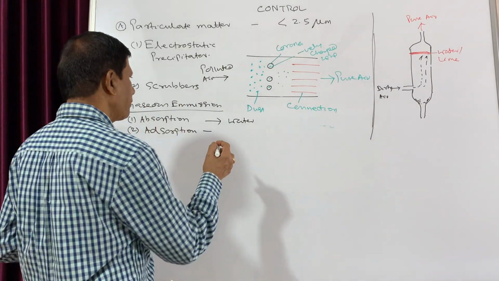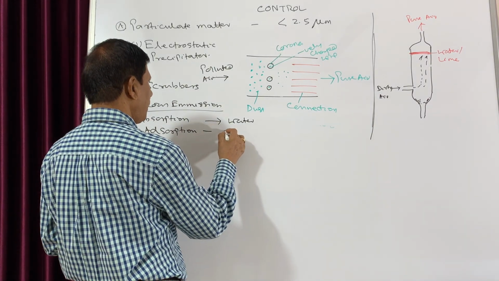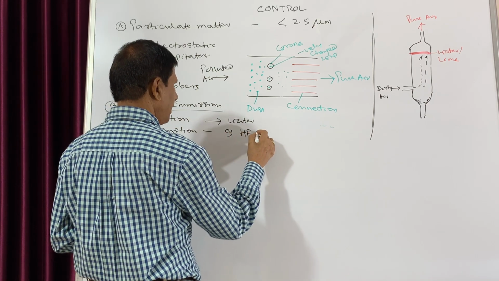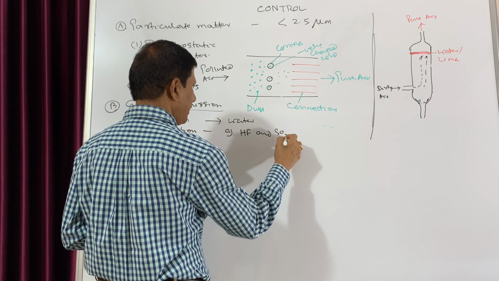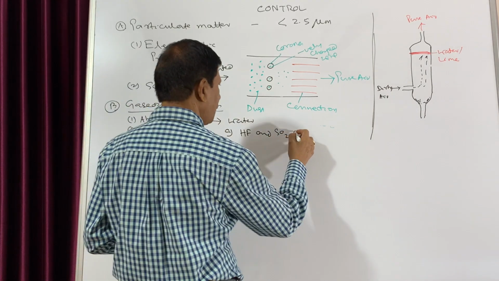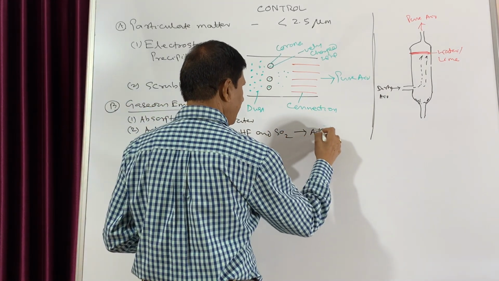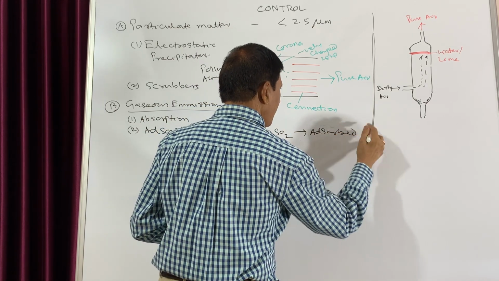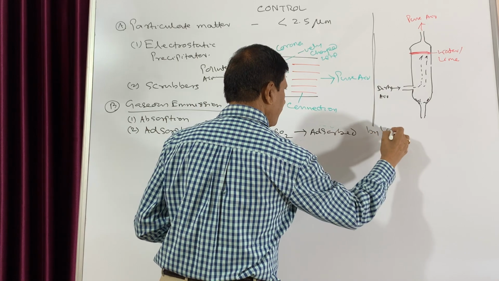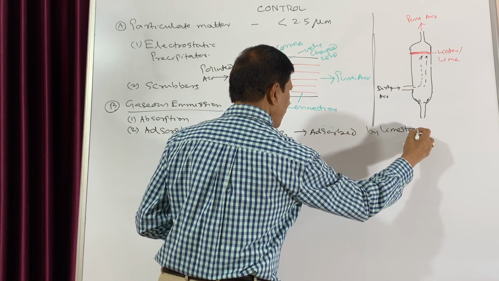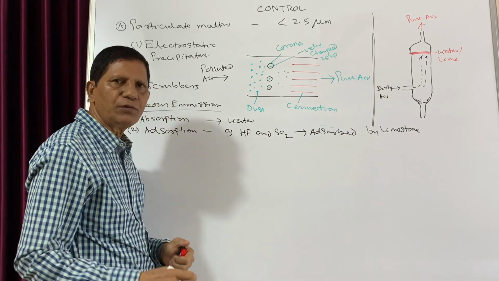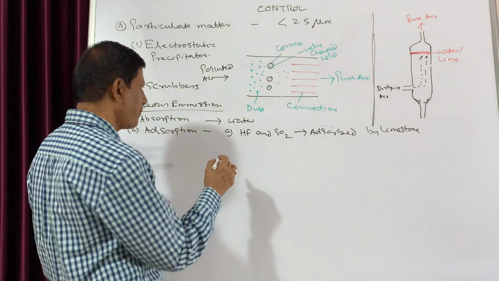For example, let us take hydrogen fluoride and sulfur dioxide. These two can be adsorbed by limestone.